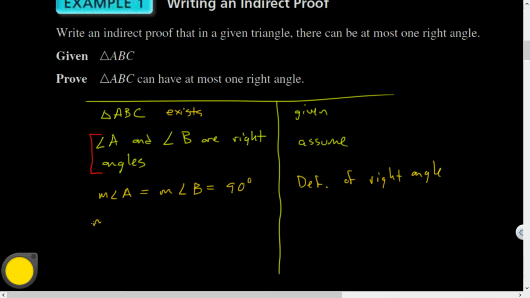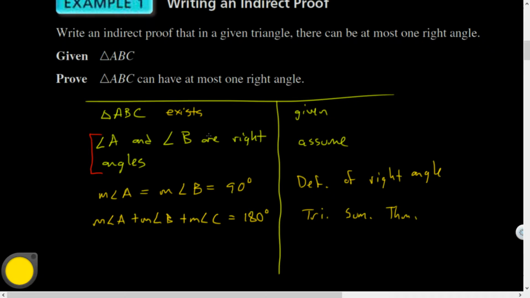I know that the measure of angle A plus the measure of angle B plus the measure of angle C is equal to what? We're going to say it's equal to 180 for a minute. We're going to show that it can't be, by the triangle sum theorem.